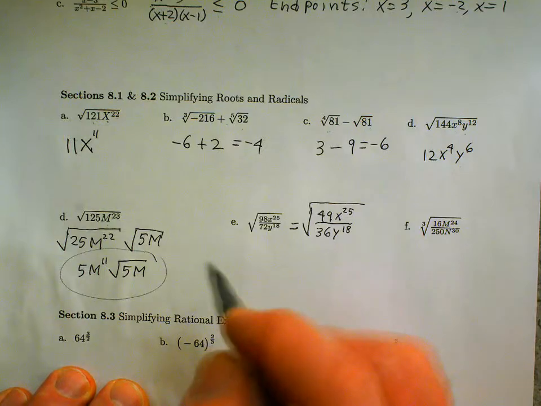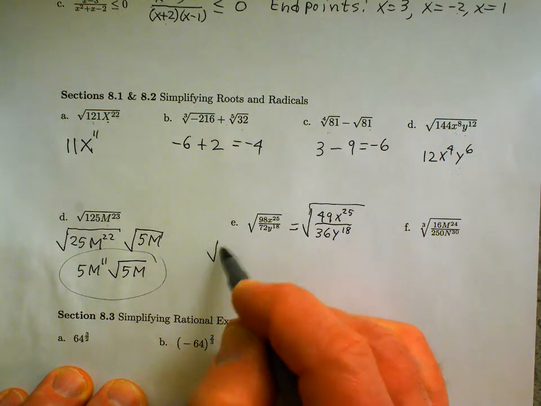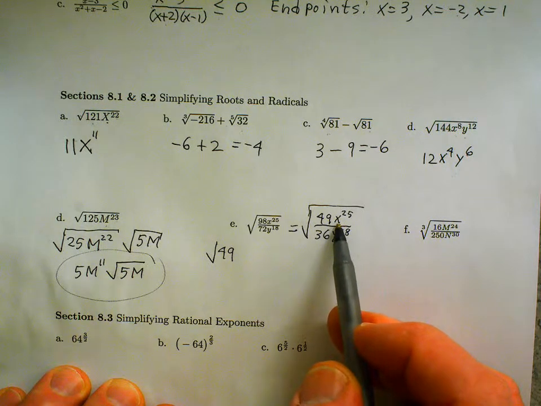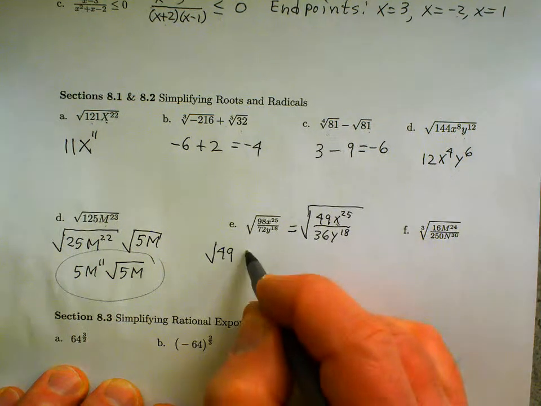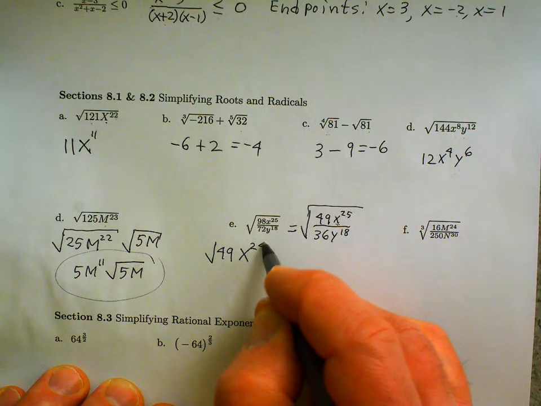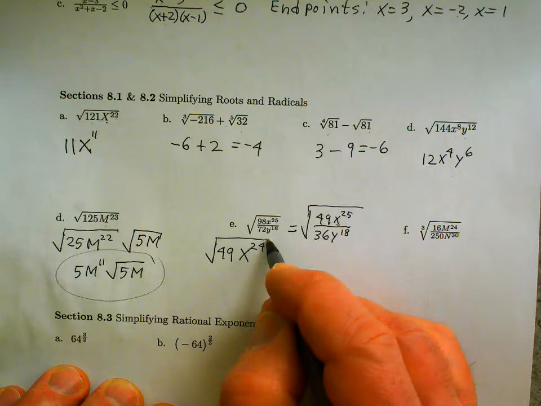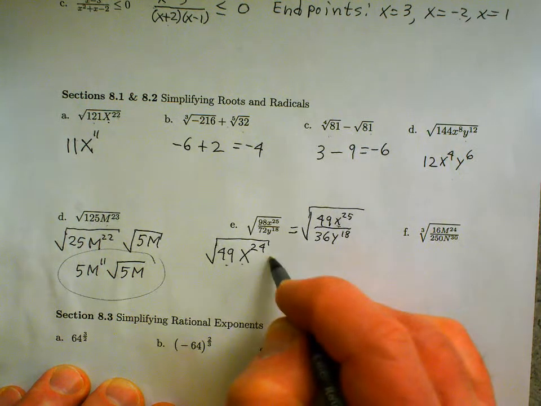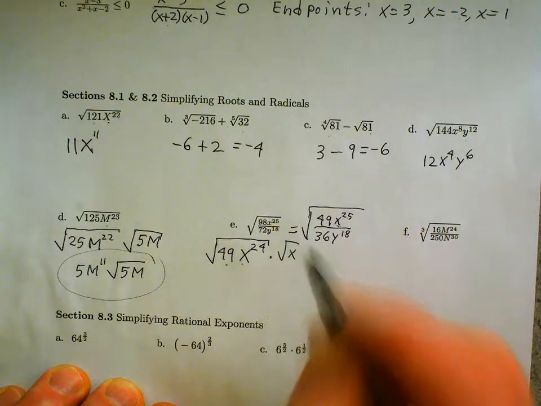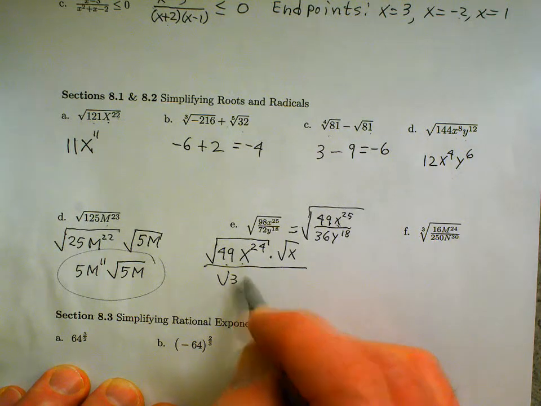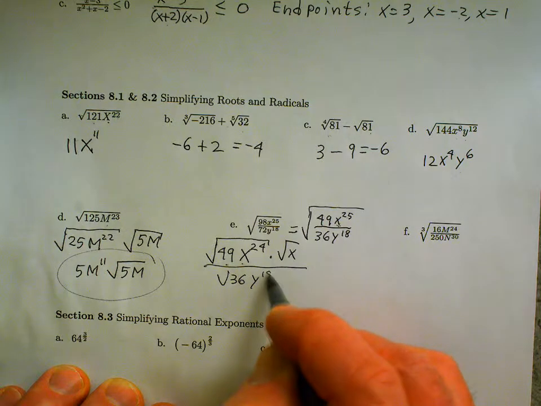X to the 25th is not a perfect square. The largest factor of x to the 25th that is a perfect square is x to the 24th. So in the numerator, we'll write the square root of 49 times x to the 24th times the square root of x. And then in the denominator, we have the square root of 36 times y to the 18th.